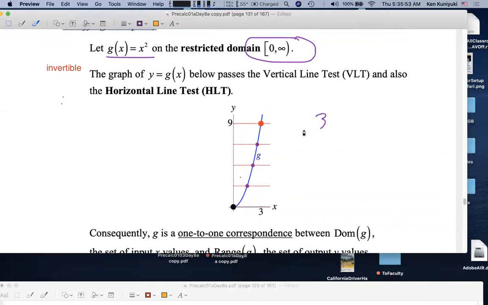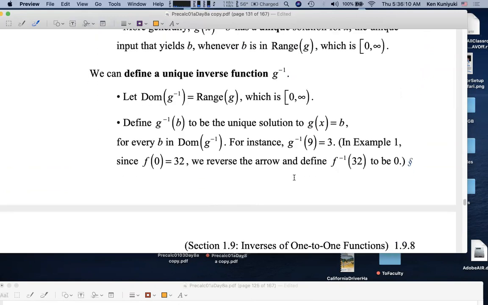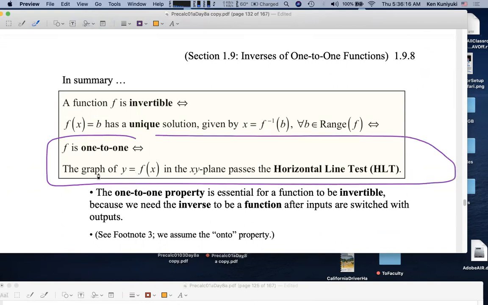So 3, we know, goes to 9, and 9 has to go back to 3. It has to go back to Angelina. Negative 3 has nothing to do with anything. So now we have a nice loop-to-loop. All right. So a function is one-to-one if and only if the graph in the xy plane passes the HLT as well as the VLT.